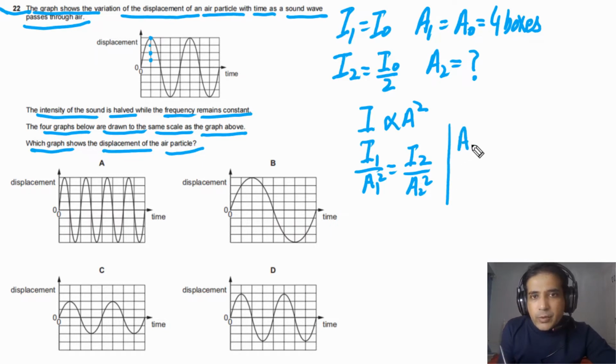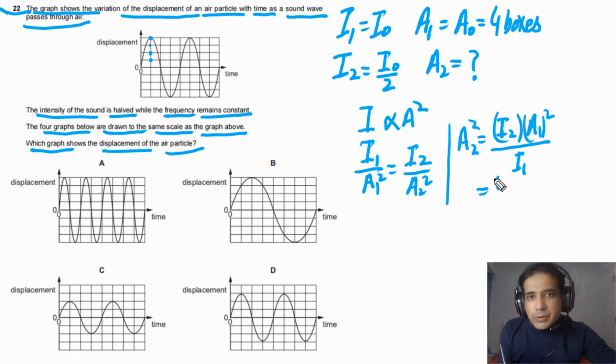We can write down A2 squared will be equal to I2 times A1 squared divided by I1. I2 is equal to I0 by 2 multiplied by A1 squared, and A1 is equal to 4 boxes.